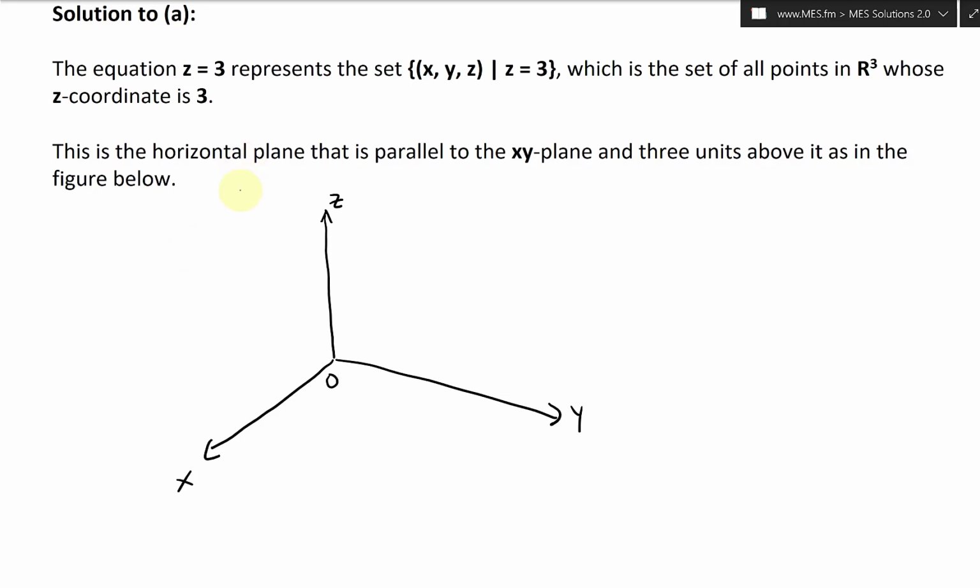So in other words, we have to go all the way up to here, 3. So here's the 3 point. But it's a plane, so it's going to go to infinity everywhere. So let's draw this in 3D. It's going to look like this, and all the way across, like that. And since this is in front of it, I'm just going to remove this.